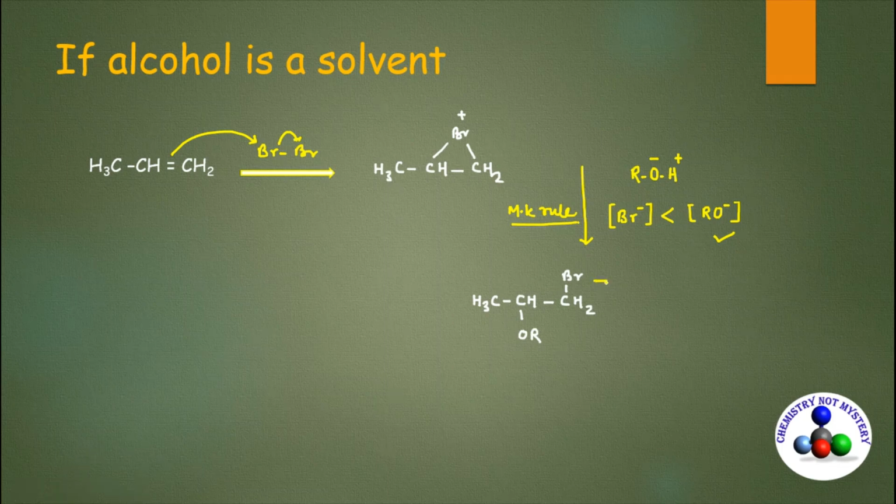Here Br will act as an electrophile and RO minus will act as a nucleophile. And you will get haloalkoxy ether as a product.